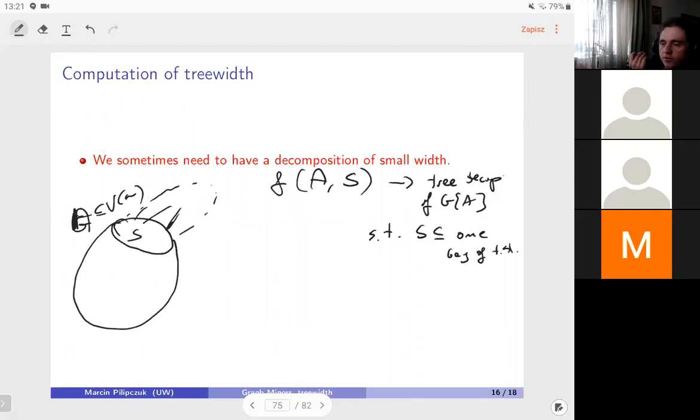That means I don't want S to be too large, because if I give my recursive step too large a set to put in one bag, then of course the bag that contains S will be large. So I want to keep the invariant that the set S is bounded, and I think the correct bound is something like 3k plus 3. So I want to keep this invariant that the set S is of size at most 3k plus 3. Okay, let's describe this algorithm. There are some base cases.